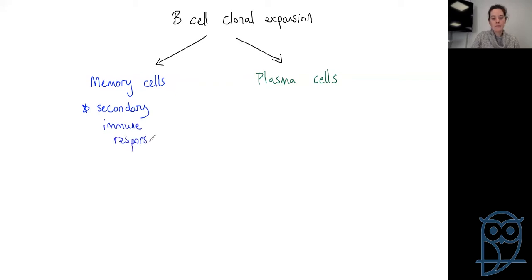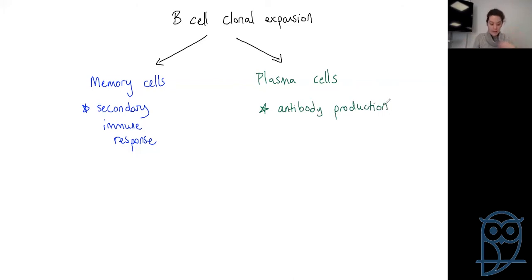Okay, plasma cells. This is where your antibody production happens. It is all about production of antibodies. Large amounts of rough ER producing large amounts of protein, modification to produce the glycoproteins, which are our antibodies. So plasma cells are all about antibody production.